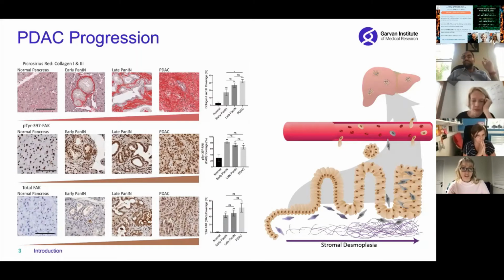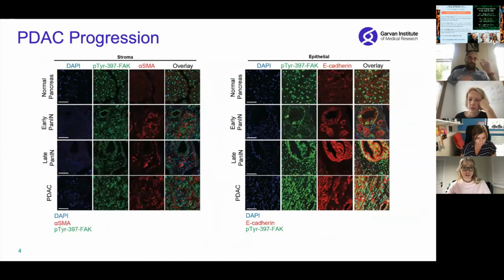And what we saw is that yes, both total FAK and also levels of active FAK increased through disease. So we took this as a way to try and target this fibrotic reaction. What we know is that these levels increase not only in the stroma, but also in epithelial cells.